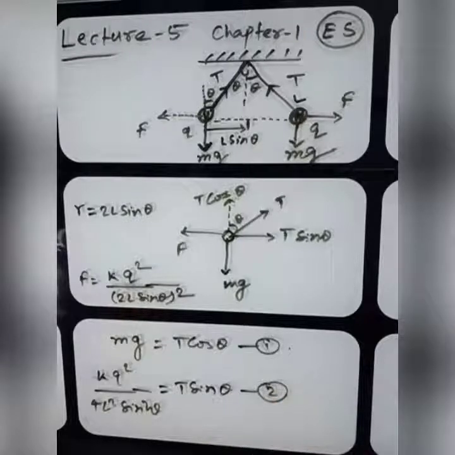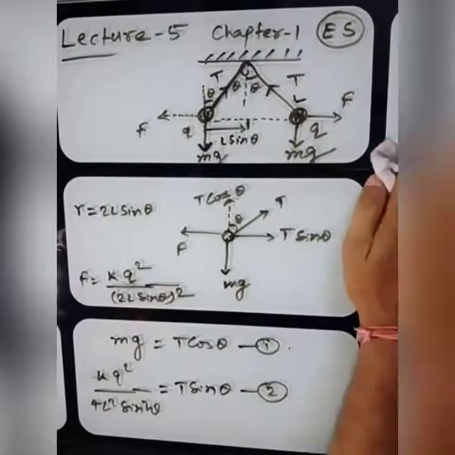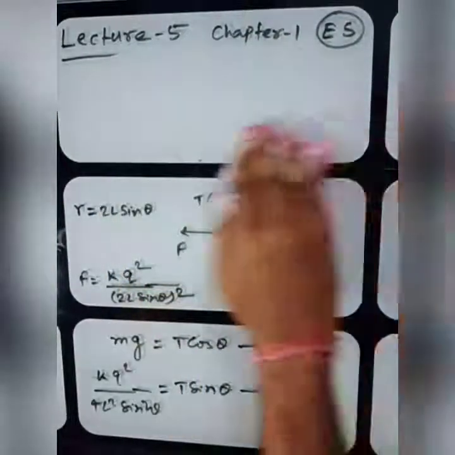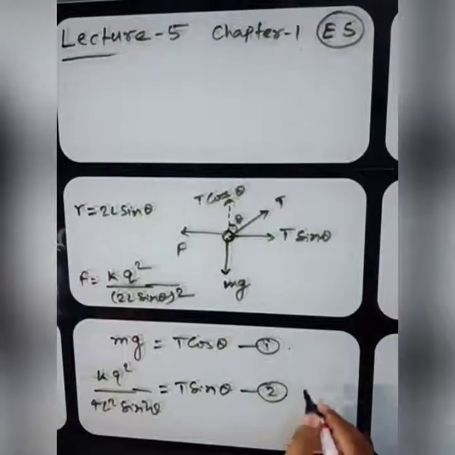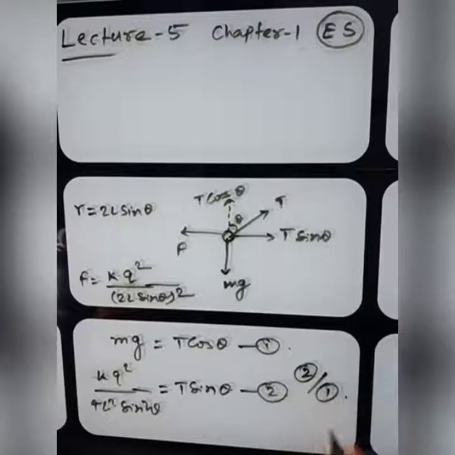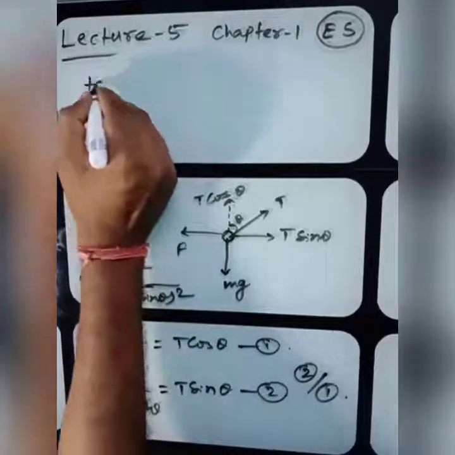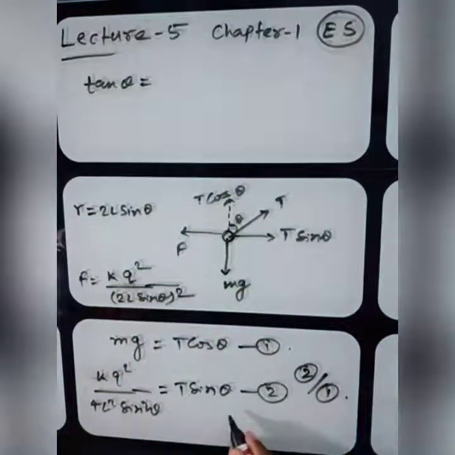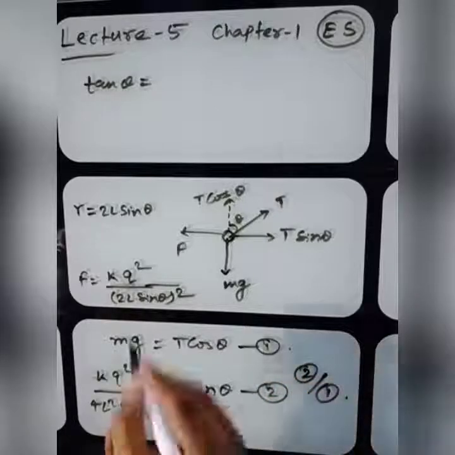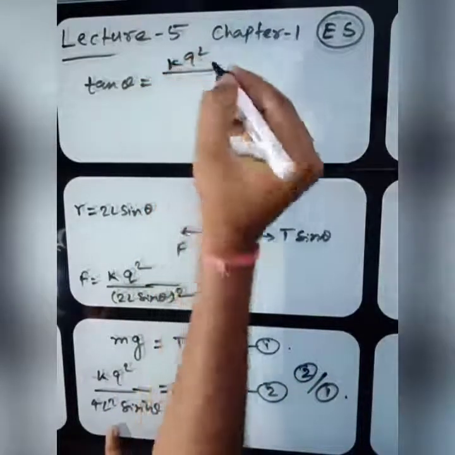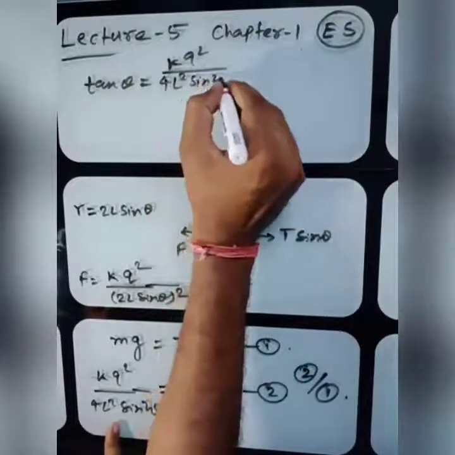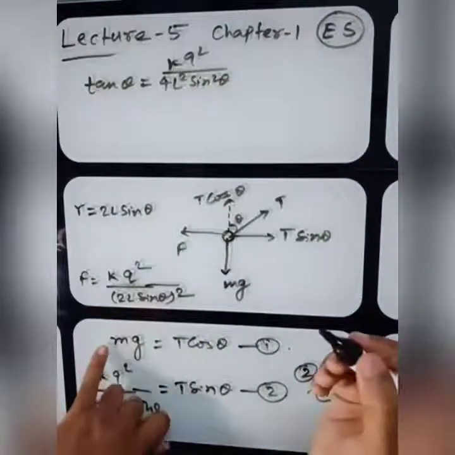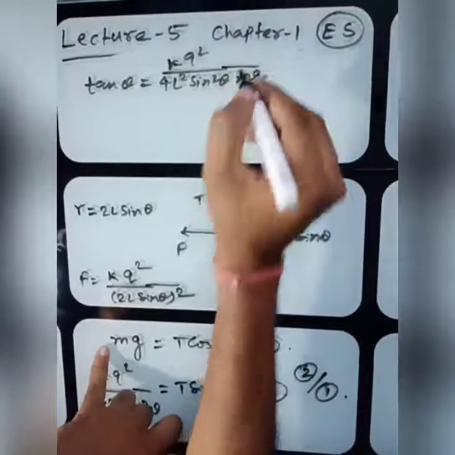Now dividing these two equations, equation 2 divided by 1, T sine theta by T cos theta gives tan theta. The T cancels out, and you get kq square over 4L square sine square theta, divided by mg.